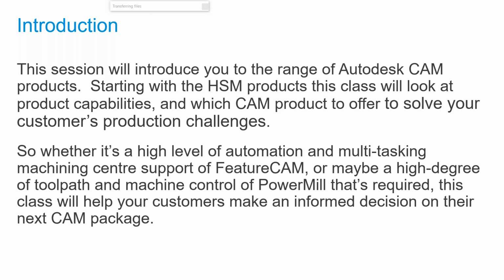I'm sure that you have heard of names like FeatureCAM and PowerMill. These have been in existence, and as Srini just talked about, Delcam, the company these products came from, is a 40-year-old company. There is also another set of CAM products that Autodesk has by the name of HSM.